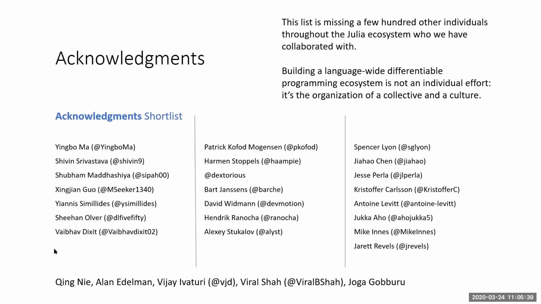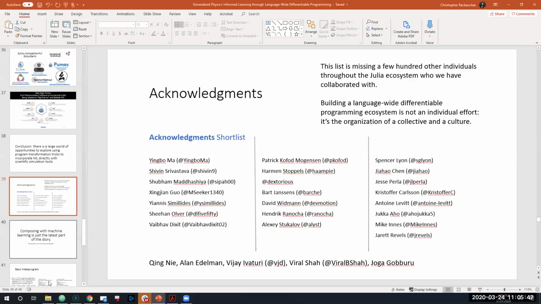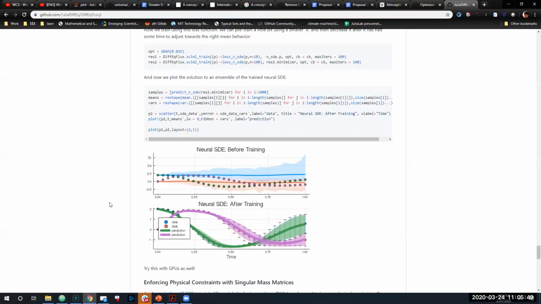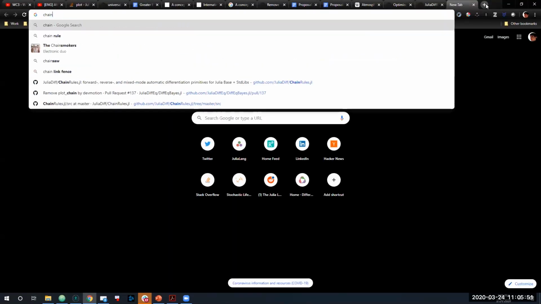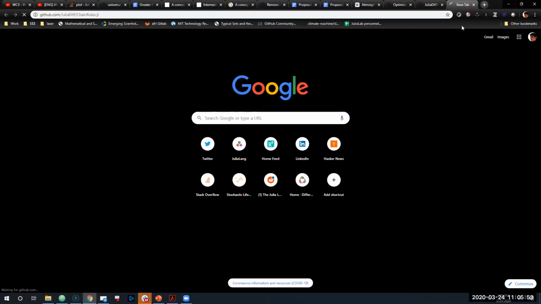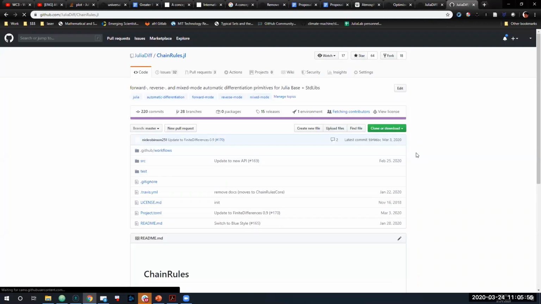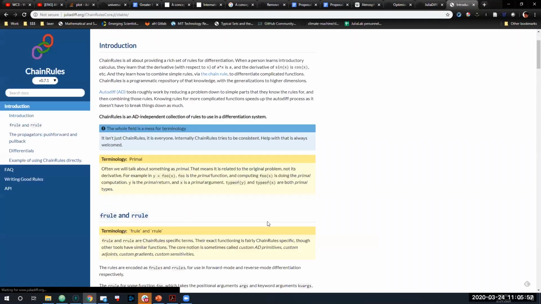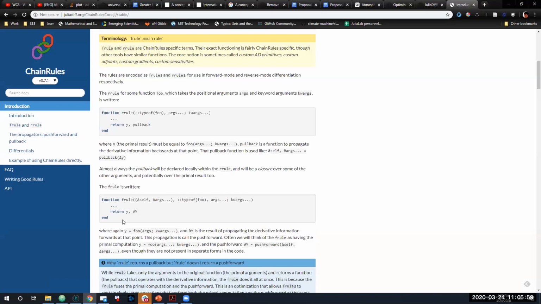Yeah, so there's a system known as ChainRules.jl, which allows you to define your gradients in a way that plugs into a lot of these other packages. I could just pull up the documentation here because it works on Julia's multiple dispatch rules. So if you just define a rule, here is frule and rrule, you just have to define a function that computes the forward pass and something that builds the anonymous function for the reverse pass.